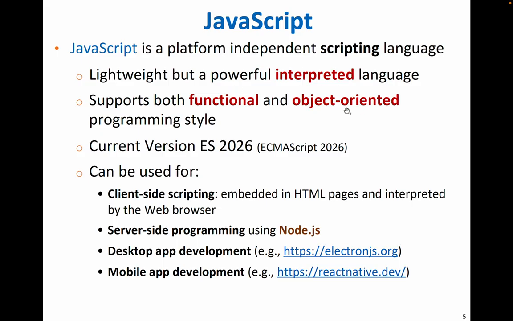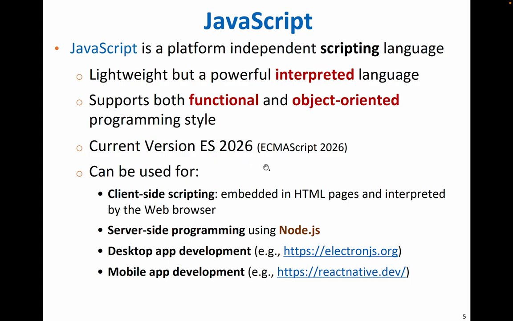But in object-oriented programming, we design the objects and then design our application based on that. And JavaScript has each year a different version, and its current version is ES 2026.